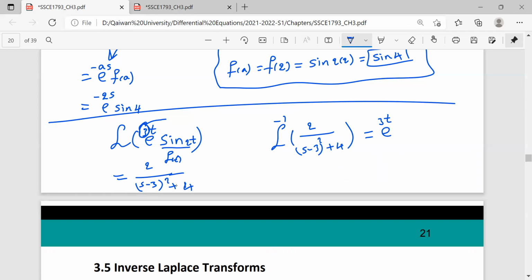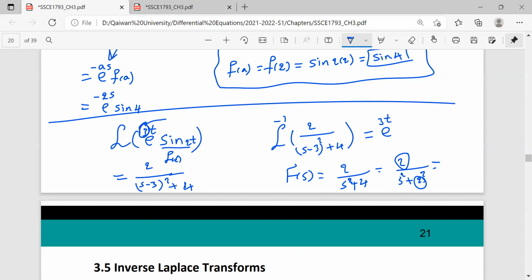So what's the other function? What's f of t? Here f of s equals 2 over s squared plus 4. This is similar to the sine function, the Laplace of the sine function, which equals 2 over s squared plus 2 squared. Here a is 2, and you have 2 here also.